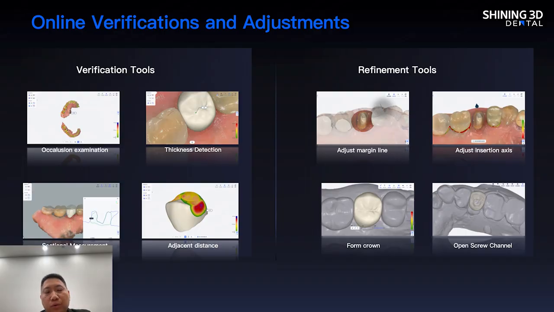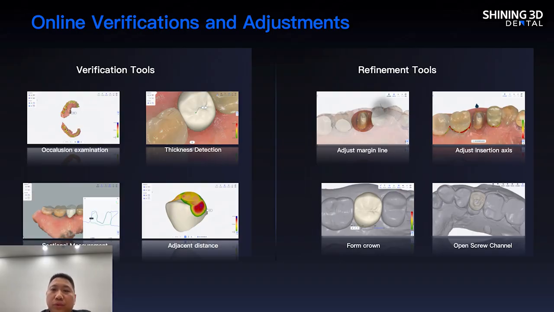And you can also view the crown in different angles with our sectional viewer. You can also measure on it. And for the adjacent distance, we will show it in a heat map. When you move your mouse on it, we will show the value.